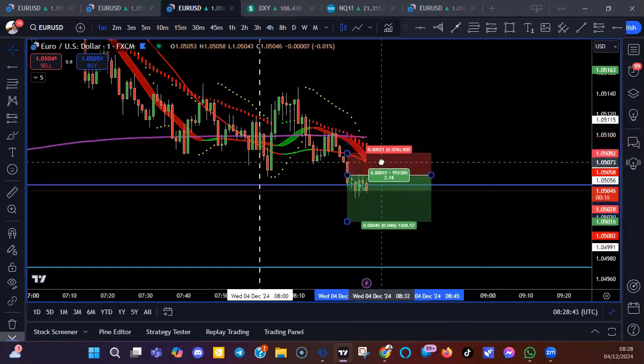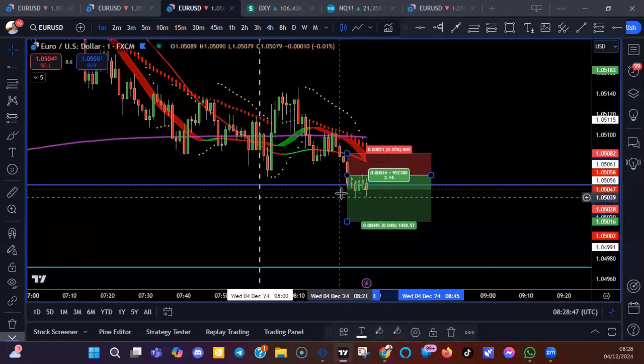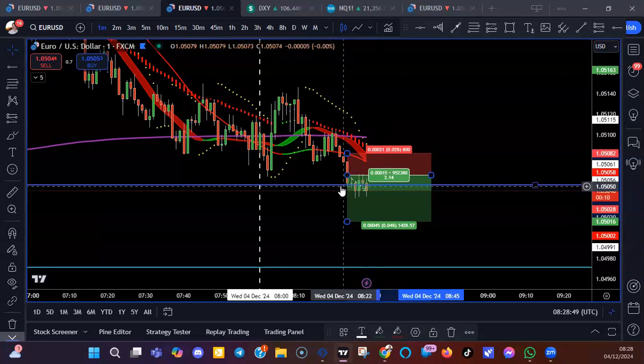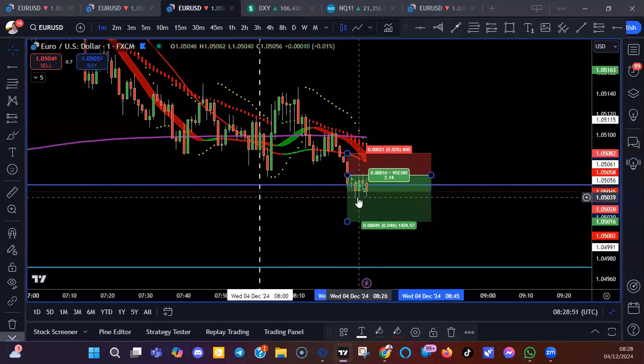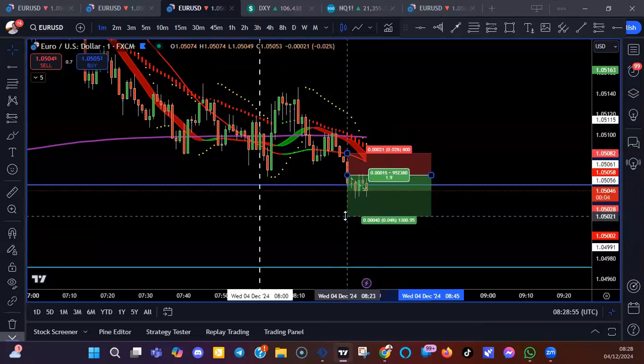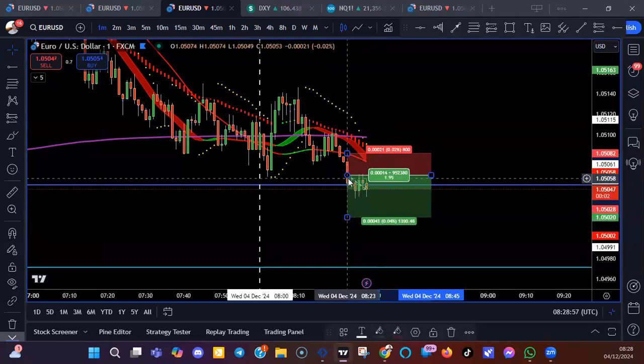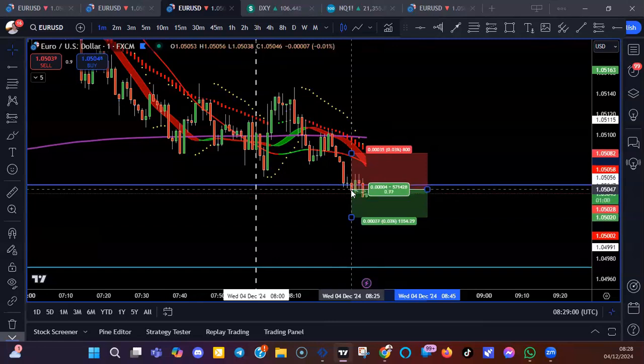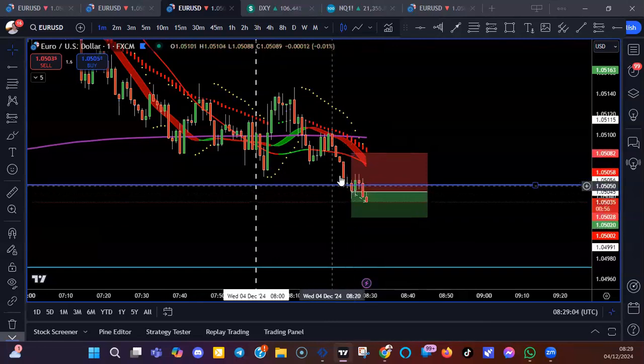That would be your sell option. But there, I'd be seriously looking at price and possibly wanting to get in down here, being cautious.